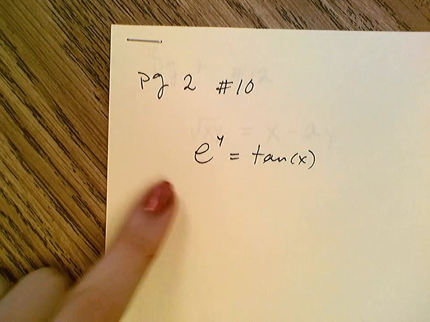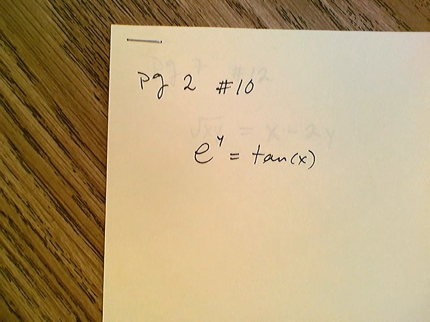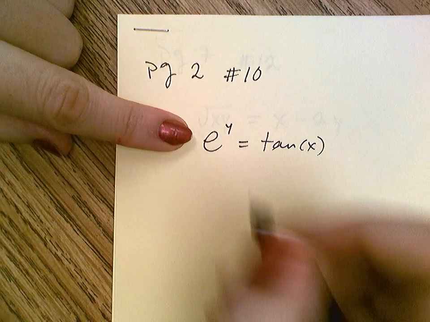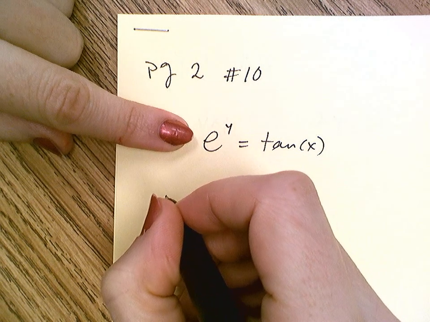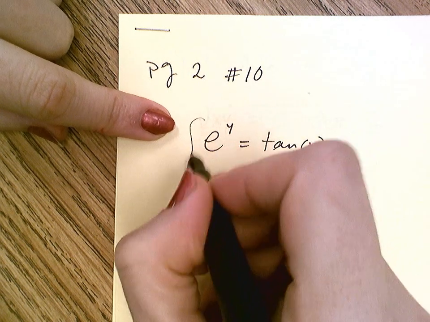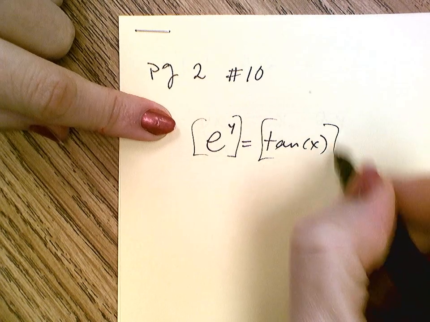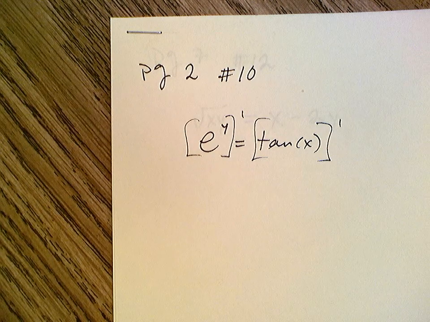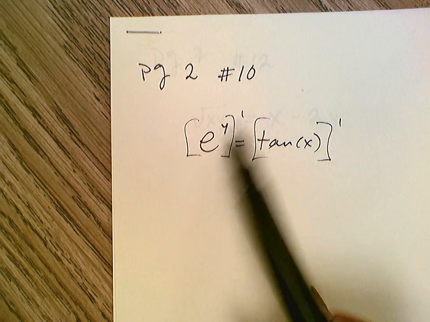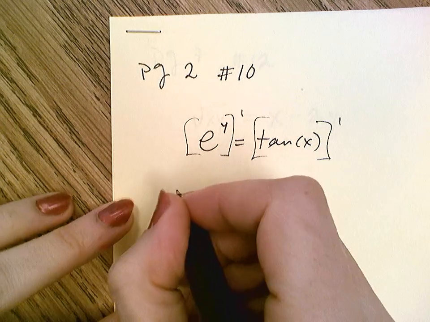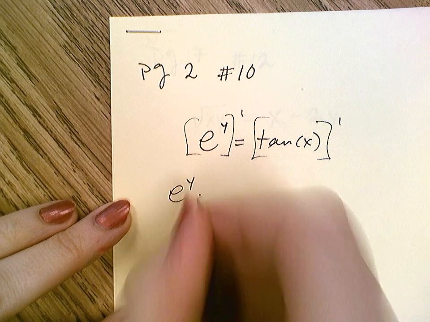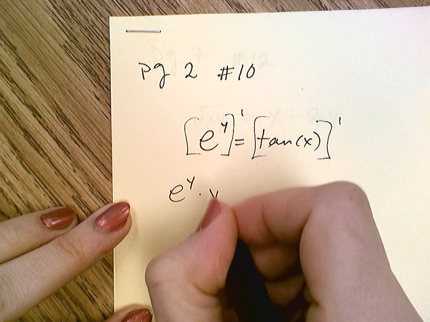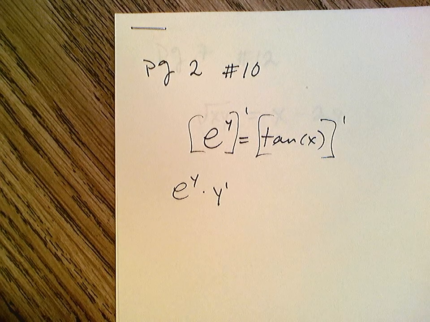Here is the function. All right, so I'm going to take the derivative of every term of the equation. Derivative of e to the y is e to the y times dy dx, which is y prime.